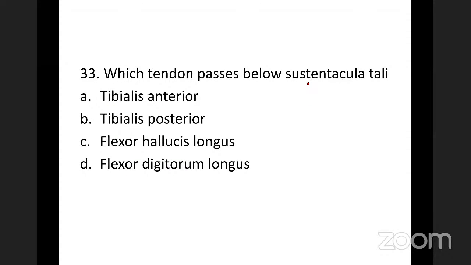Which tendon passes below the sustentaculum tali? We just discussed. Tibialis anterior, tibialis posterior, flexor hallucis longus, flexor digitorum longus. I will explain this, students. You have the sustentaculum tali of the calcaneus, right?